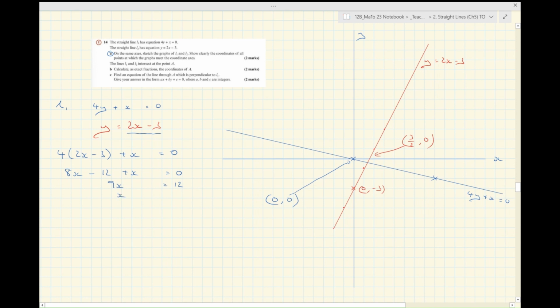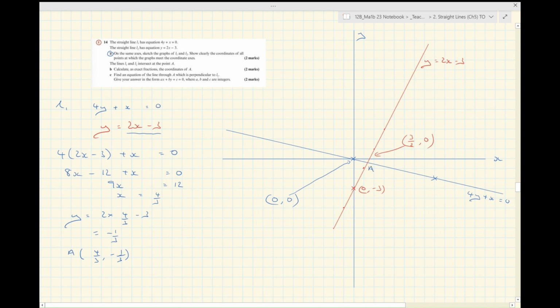So x is 1 1/3, or 4 thirds. Now y, of course, is twice x minus 3, which gives me minus 1/3. So my coordinates of A are going to be 4 thirds, comma, minus 1/3. And there is the point A on my graph.